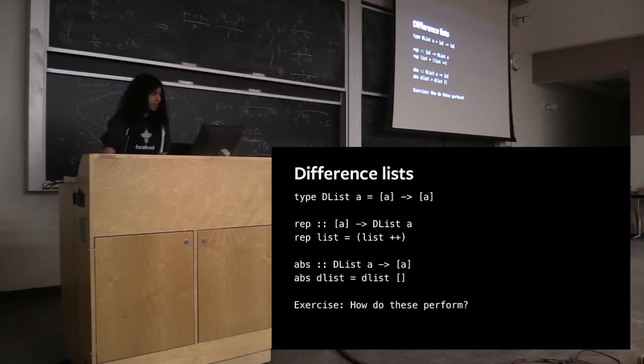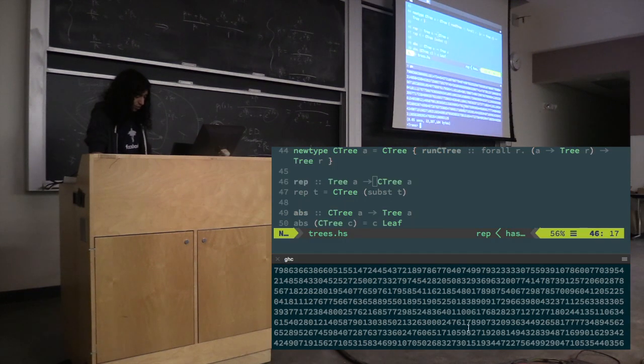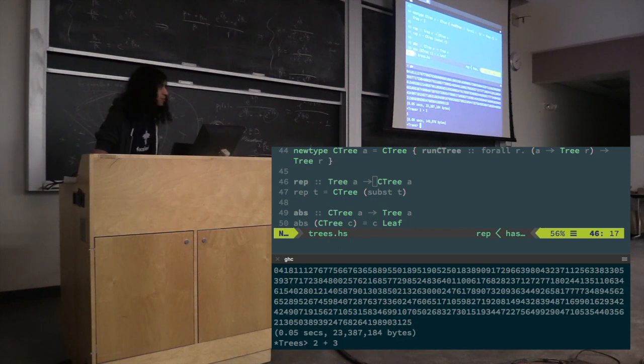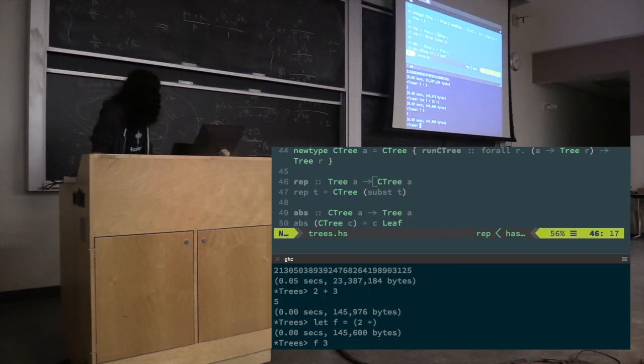Yeah, Haskell has partial application, which maybe I should demonstrate. So, for example, we have your standard plus function. But I can say let f equal 2 plus, and now if I apply f to 3, I get the same thing. Yes.